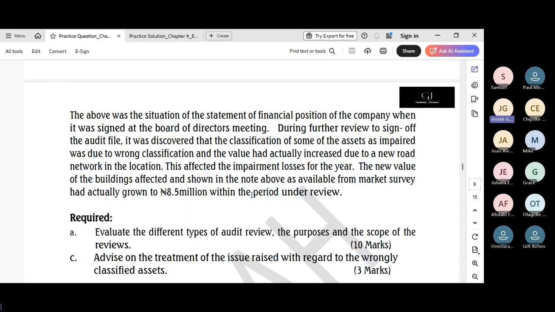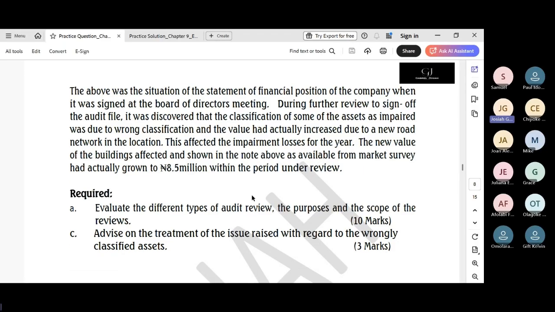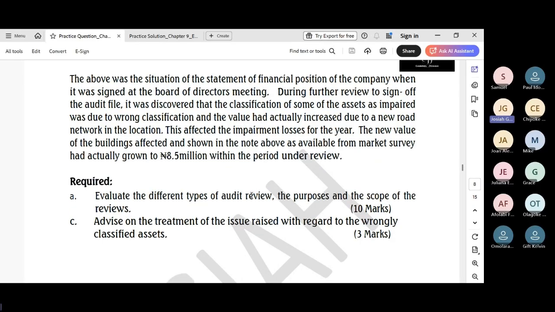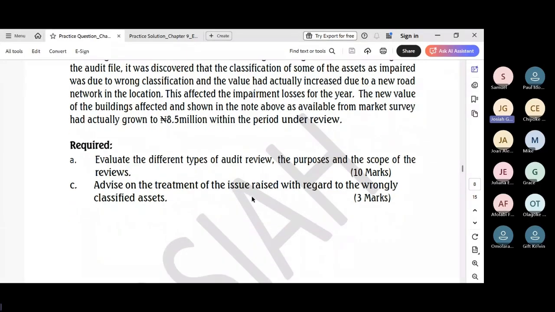During further review to sign off the audit file, it was discovered that the classification of some of the items as impaired was wrong, and the value had actually increased due to a new road network in the location. This affected the impairment losses for the year. The new value of the buildings affected, shown in the note above as available from market survey, had actually grown to 8.5 million naira within the period under review.